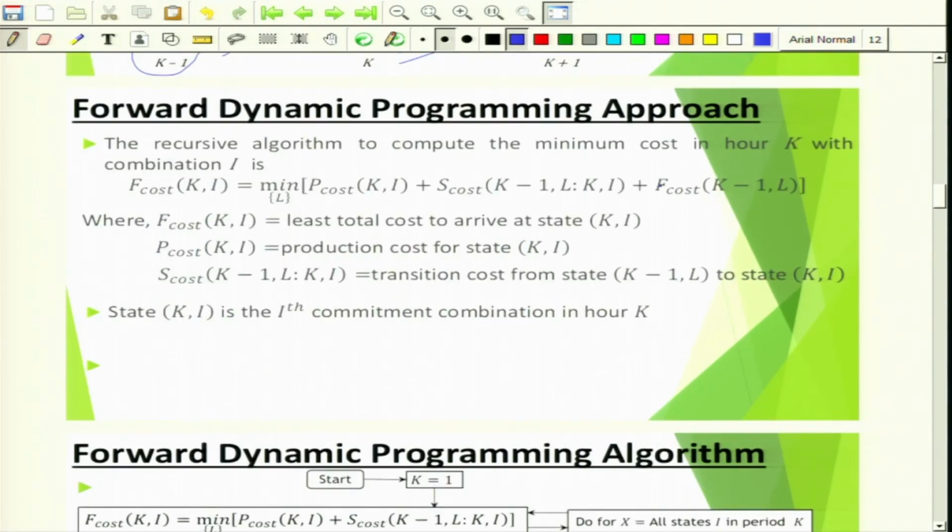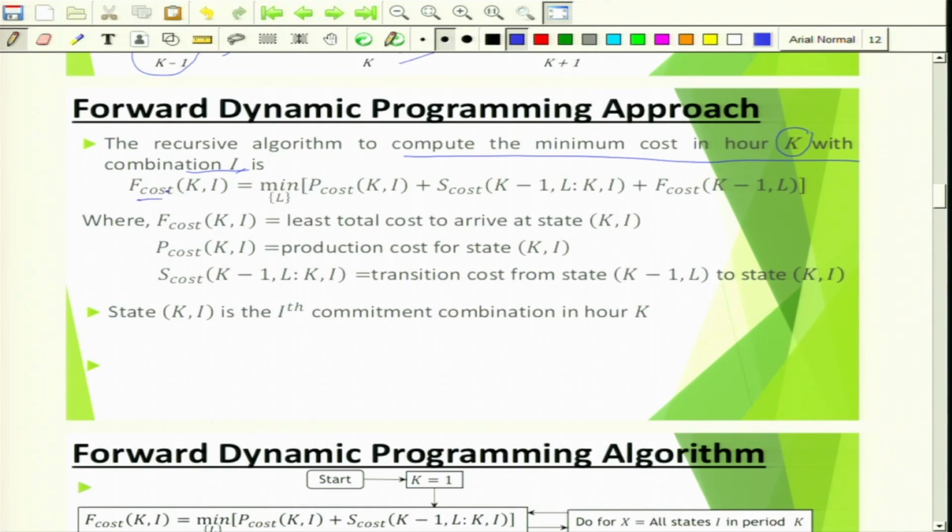Now certain flowchart explanation is required to understand the problem. The recursive algorithm to compute the minimum cost in hour k with combination I is given by. Now you understand some of the terminologies. We are speaking of hour k and combination I. There are so many combinations, we are just focusing on one specific combination.